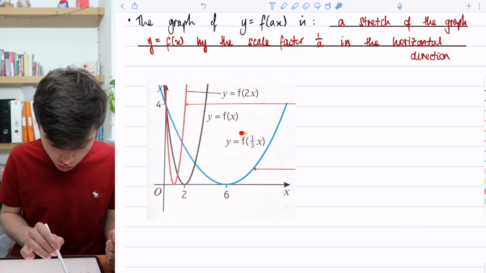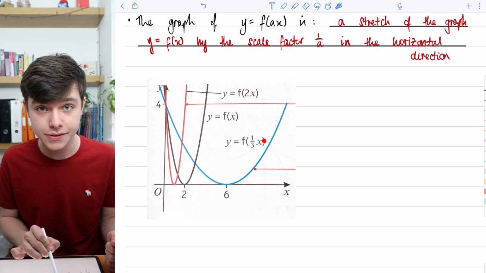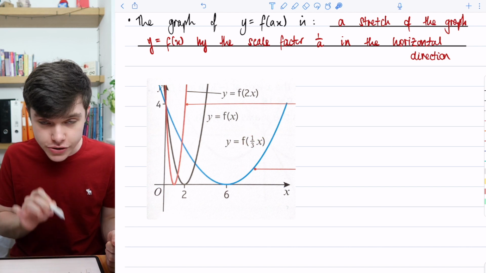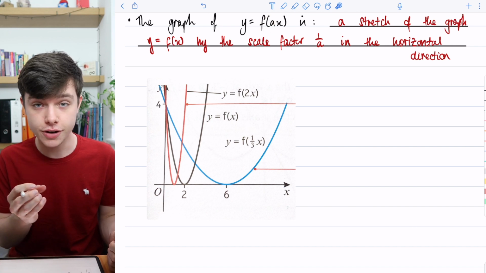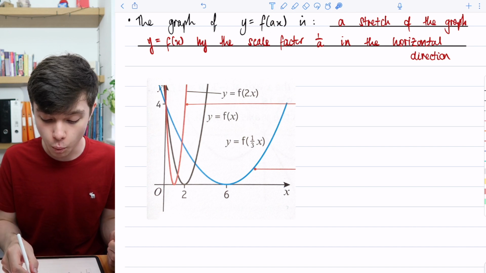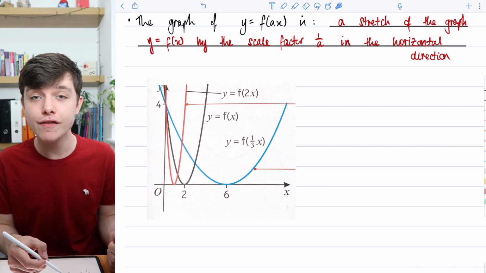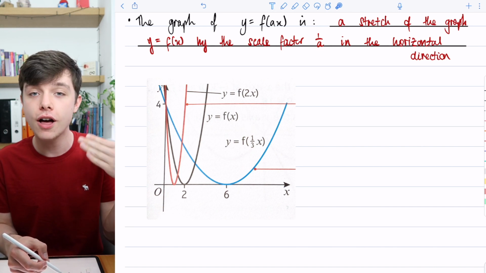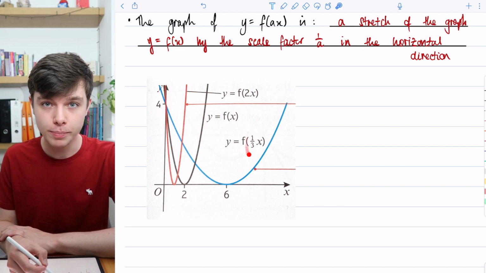We can see the blue graph here is y is f of a third of x. What we took here is the reciprocal of our constant. The scale factor is the reciprocal, 1 over that. If we've got a third, then our scale factor will be 1 over a third, which is 3. So the scale factor here will be 3.